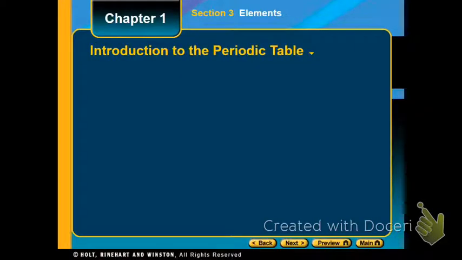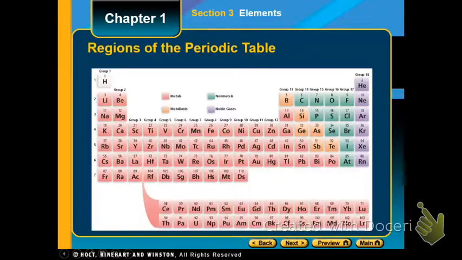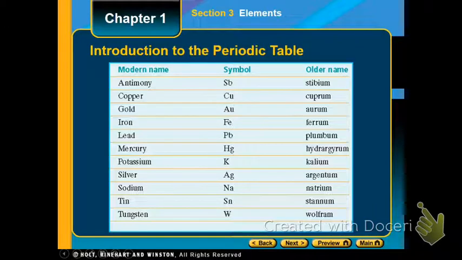So starting off with our introduction to the periodic table, let me back up here. First thing I hope you noticed when I gave you those 60 or 70 to look at, some of the element symbols did not match up with the name that was given. It is very, very common.